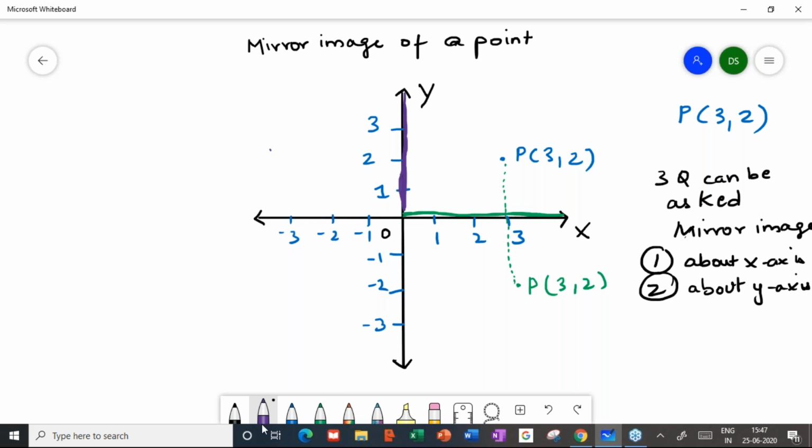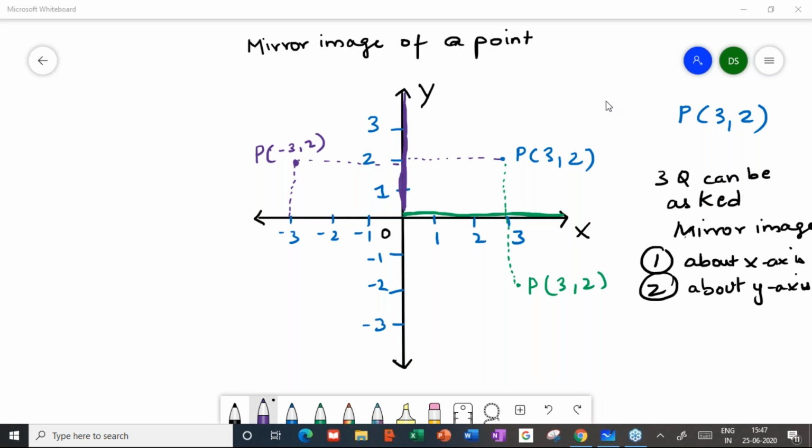So now it's going to be on, I'm just going to mark a dotted line here till here. So this is going to be the mirror image about y-axis.